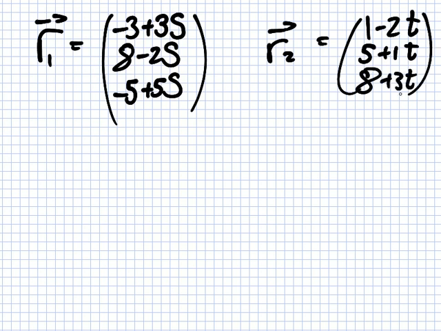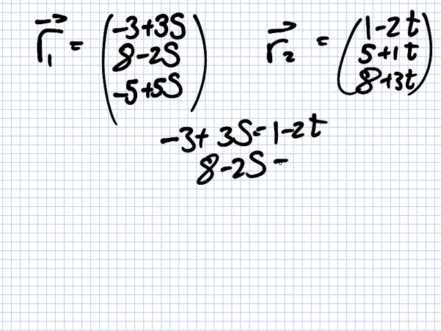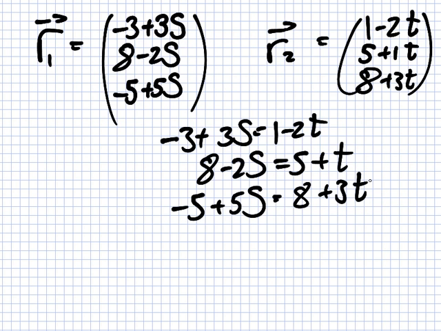And how do you find the intersection points? You make them equal. So we have minus 3 plus 3s equals 1 minus 2t. 8 minus 2s equals 5 plus t. Minus 5 plus 5s equals 8 plus 3t.